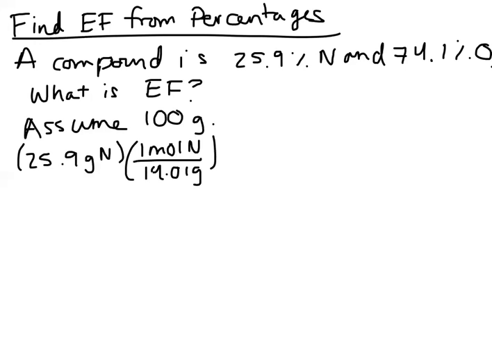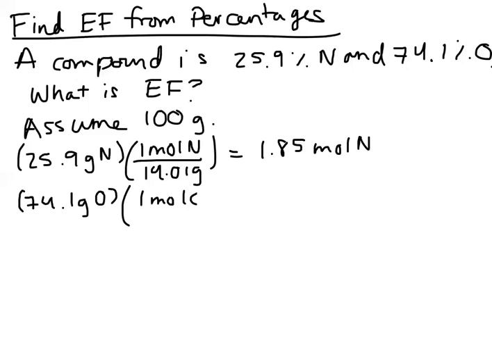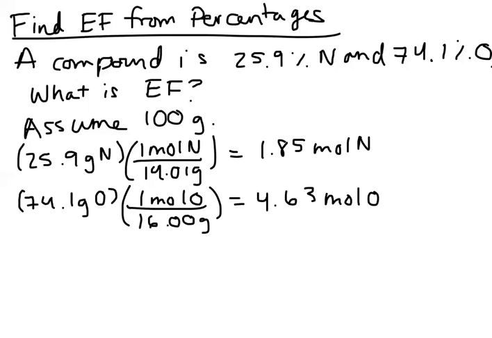That gives you 1.85 moles of nitrogen. 74.1 grams of oxygen will give you 4.63 moles of oxygen.